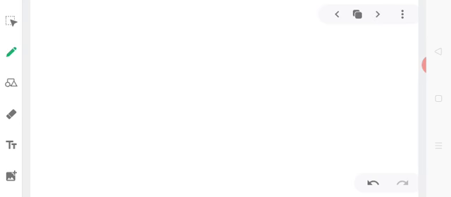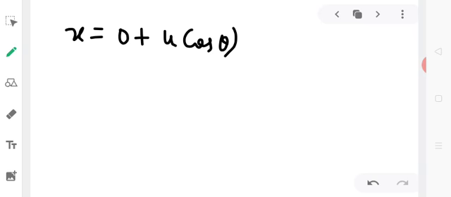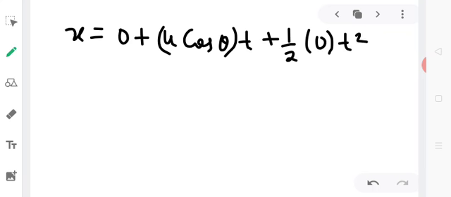So on substituting these values in the above equation, we get x equal to 0 plus u cos of theta into t plus half into 0 into t square.